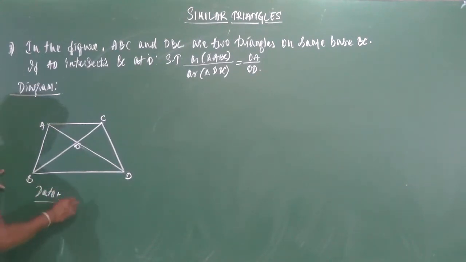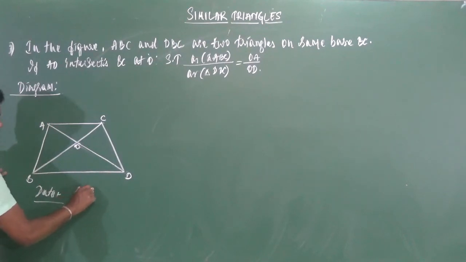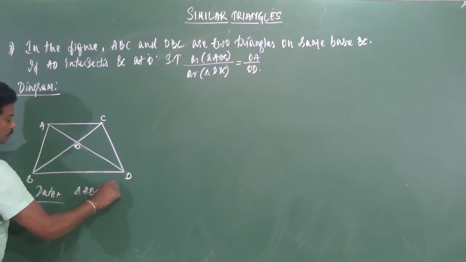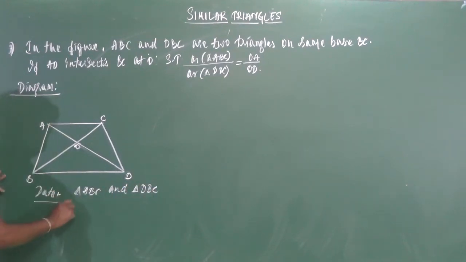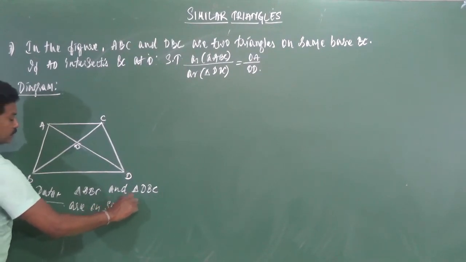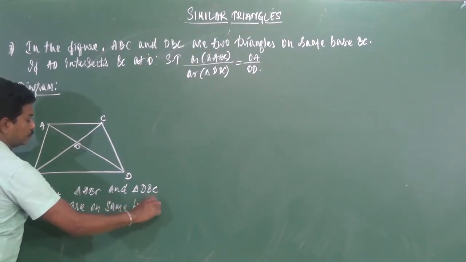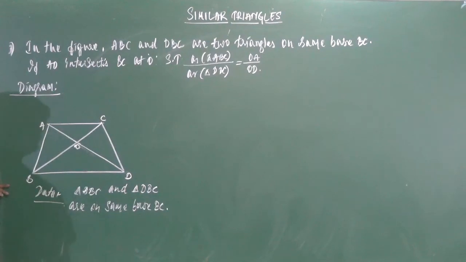So triangle ABC and triangle DBC are on the same base BC. So this is the very important thing.